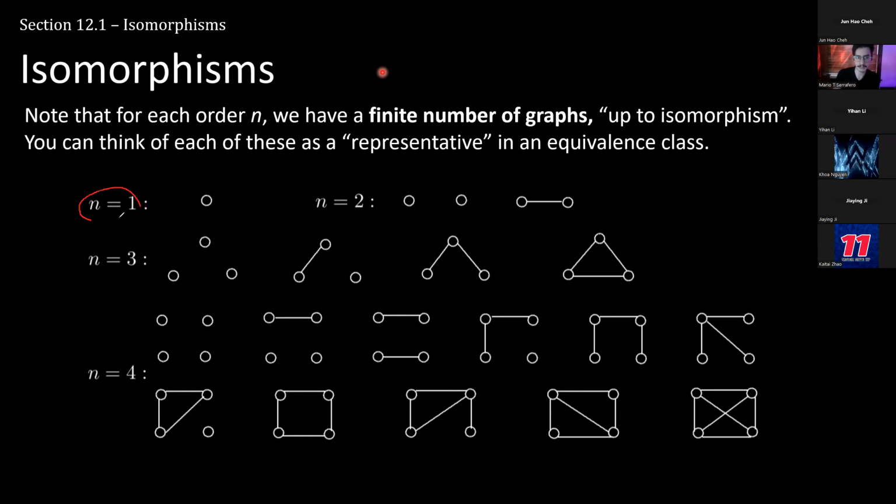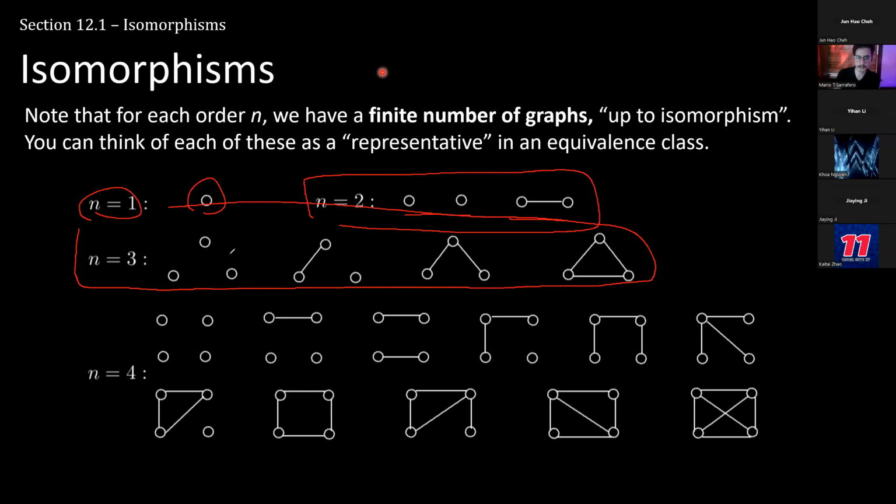So for example, all the graphs of order 1? Well, that's just one type of graph, the single vertex. What about all the graphs of order 2? Well, we have 2 nodes that are either connected or not. What about all the graphs of order 3? Now we have a bunch of options. We can have all the nodes completely disconnected. We can have 1 edge, 2 edges, or 3 edges.